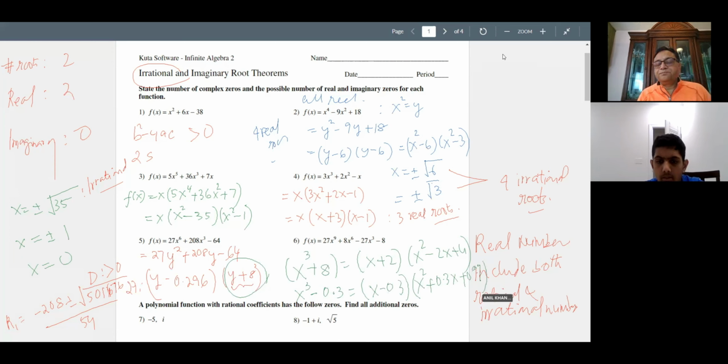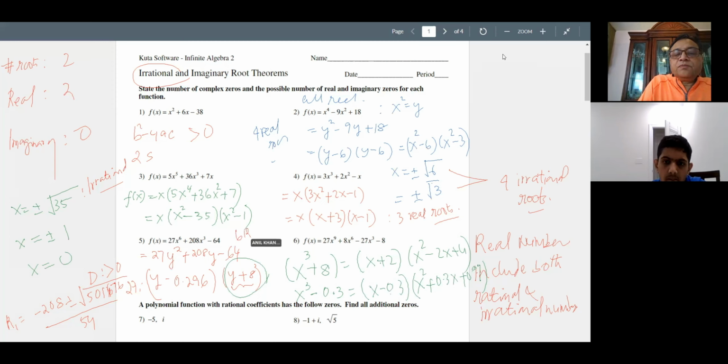Now look here. We have actually split this degree 6 into 1, 2, 3, 4 factors. And you can see from here, it does have 6 roots, right?